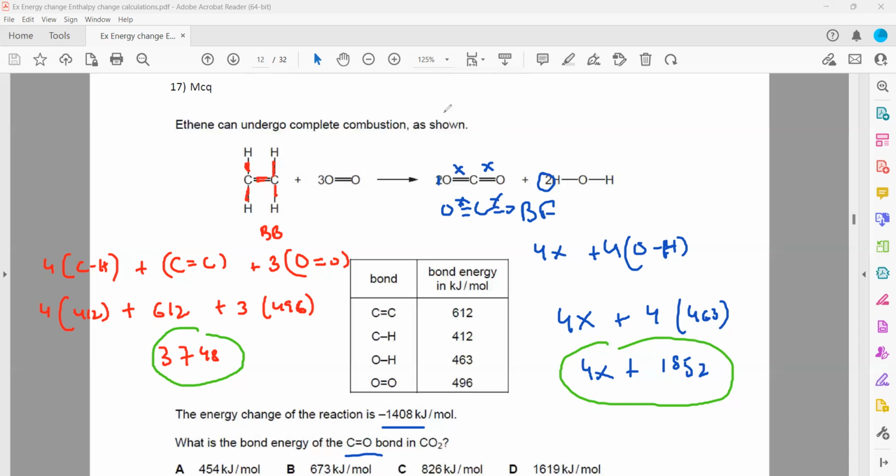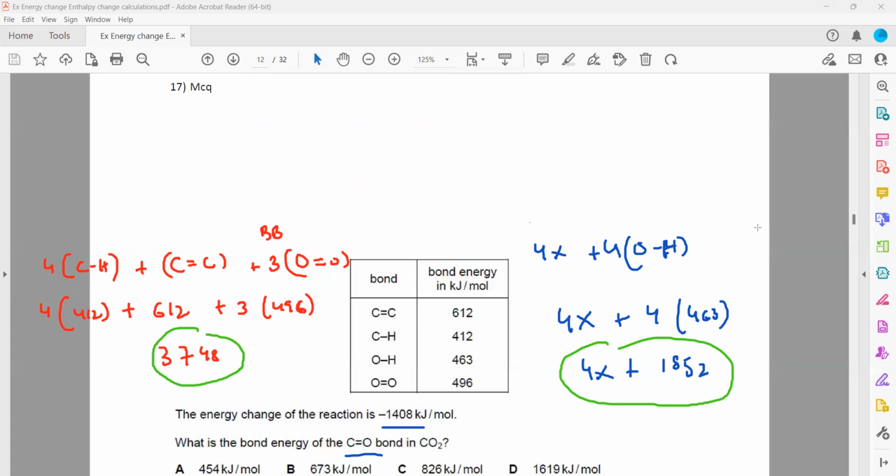So we'll use the formula that the bond breaking energy minus the bond forming energy is equal to the enthalpy change.